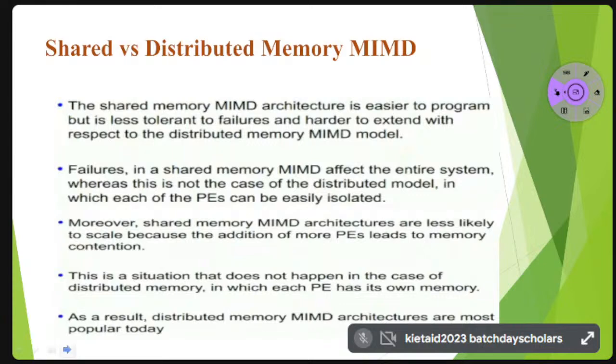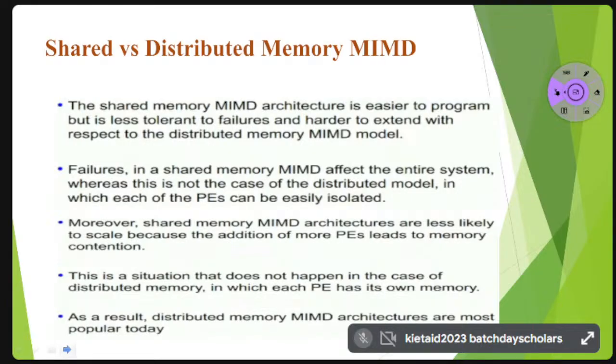Right, the first point: the shared memory MIMD architecture is easier to program, so the technique is easy to implement. But with distributed shared memory MIMD there may be a chance of failure; it is less tolerant to failure and harder to extend with respect to distributed memory MIMD.